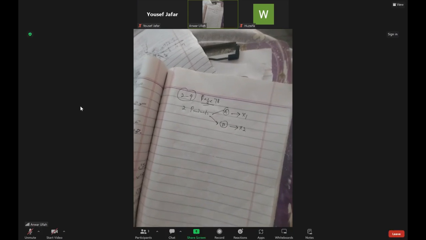However, the company cannot sell more than 110 units of A. So this is again a constraint. And the sales volume for A is at least 80% of the total sales of both A and B. So this is another constraint. So we have now two constraints over here.